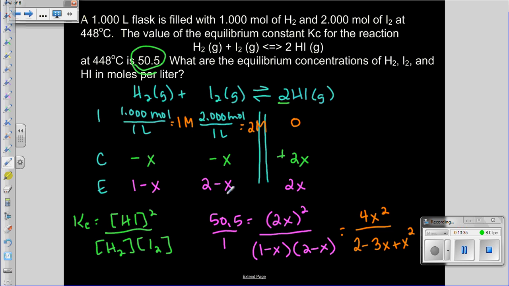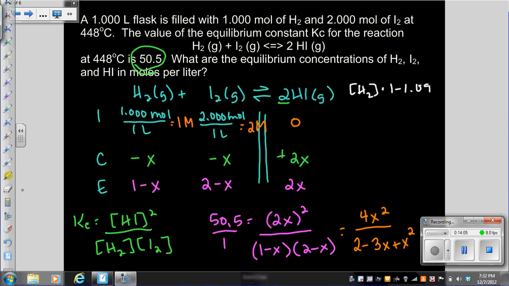If I substitute 2.165 in here for this x, I am going to get a negative number, and I can't do that, so I've got to go with the 1.09. So my concentration of H2 is going to be 1 minus, oh, I did this math really, really bad. Something's wrong.